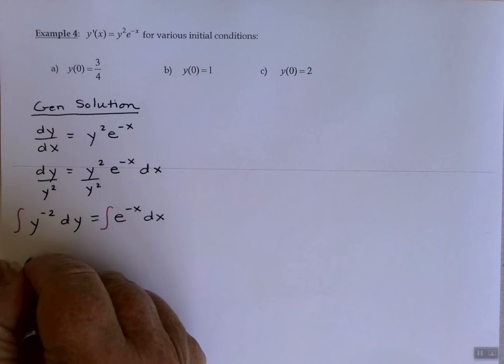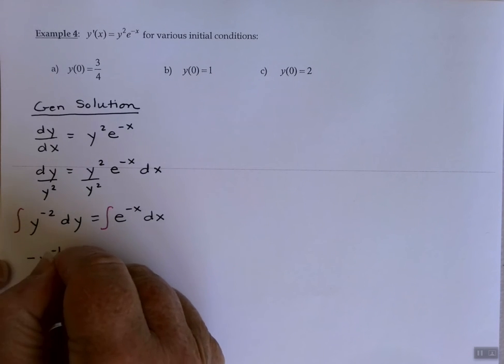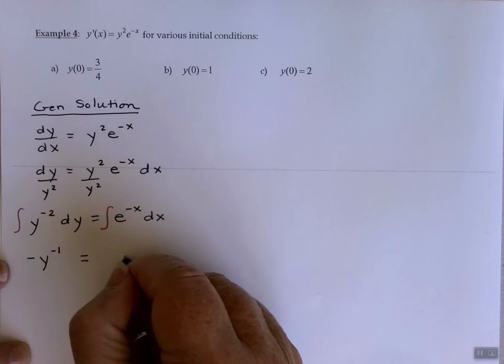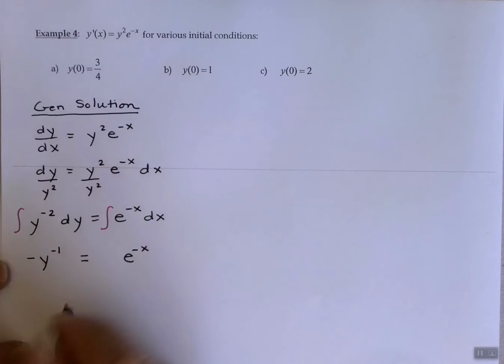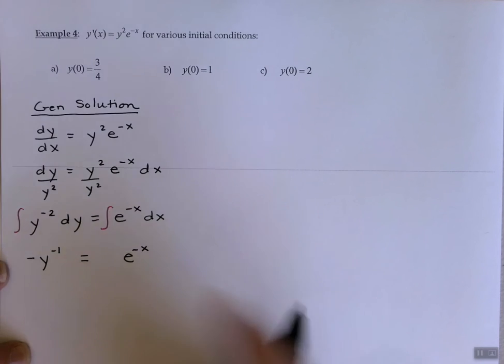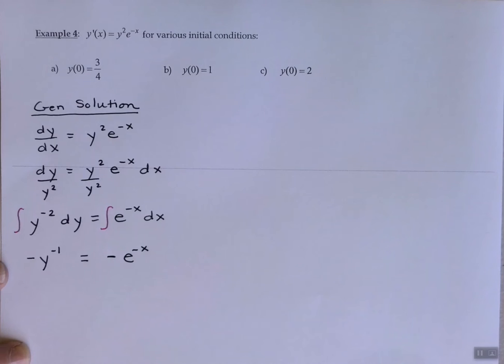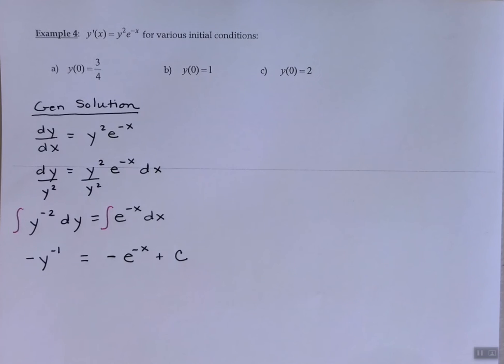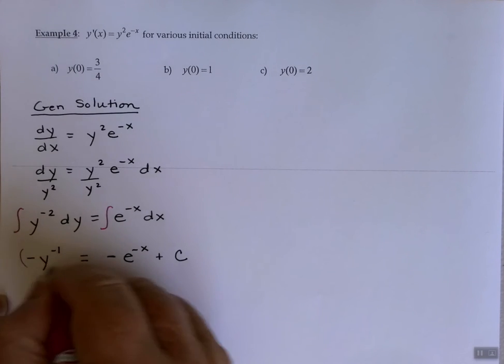That's going to give me a minus y to the minus 1. I'm going to put the c on the right. And that's going to give me integral of e to the minus x is e to the minus x. But the little u substitution that I would have had to have done would have had a derivative of negative 1. Dividing by negative 1 is just going to throw a negative out there. And I'll put the plus c on this side. I'm going to go ahead and just multiply both sides by negative 1 just to get rid of those minuses.